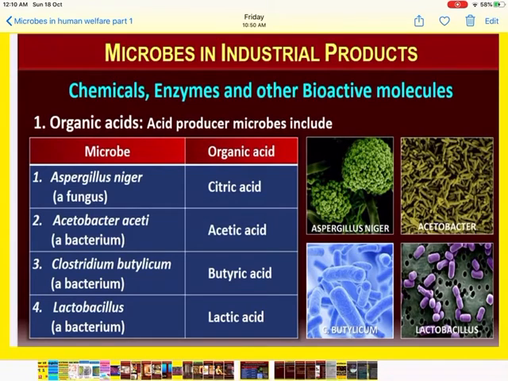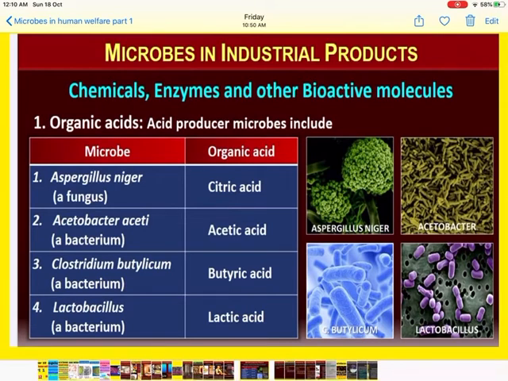Acetobacter aceti is a bacterium which is producing an organic acid called acetic acid. There is a microbe Clostridium butylicum, a bacterium which is producing butyric acid, and there is a microbe Lactobacillus, which is a bacterium producing lactic acid.